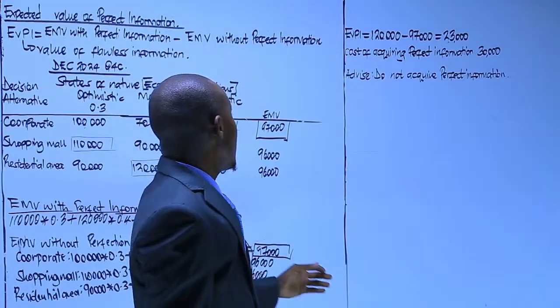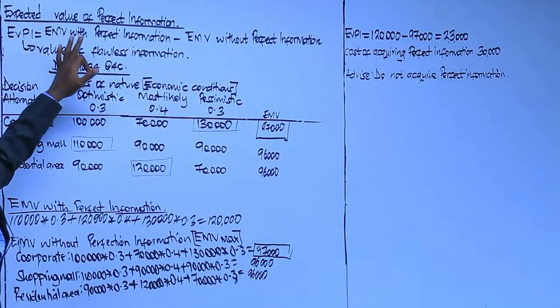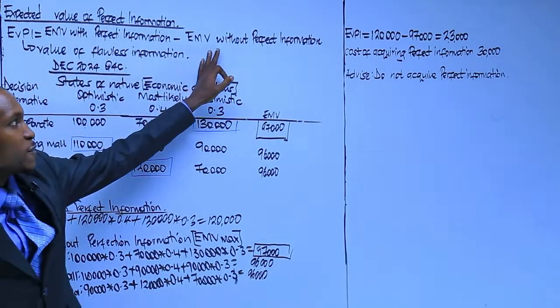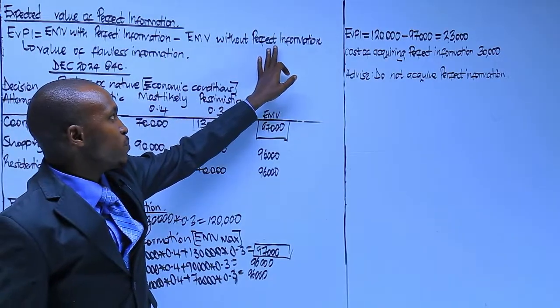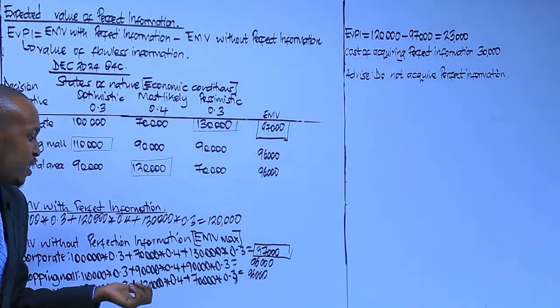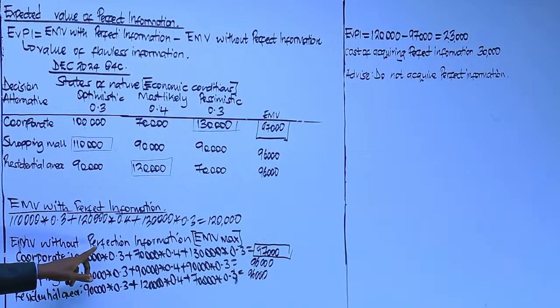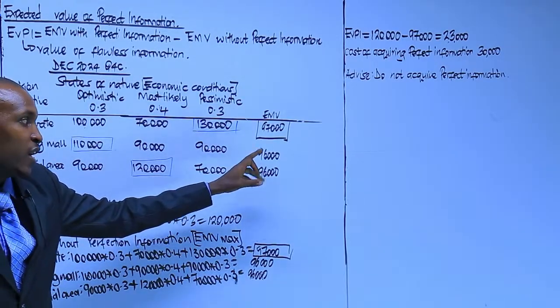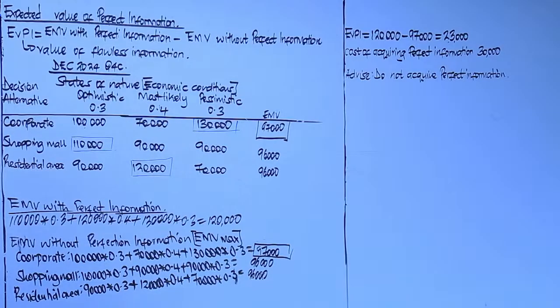That is how you deal with expected value of perfect information using the payoff table. So remember, it is simply the difference between expected monetary value with perfect information minus expected monetary value without perfect information. And for the expected monetary value without perfect information, you must determine your EMV, then the maximum. I hope that is clear.